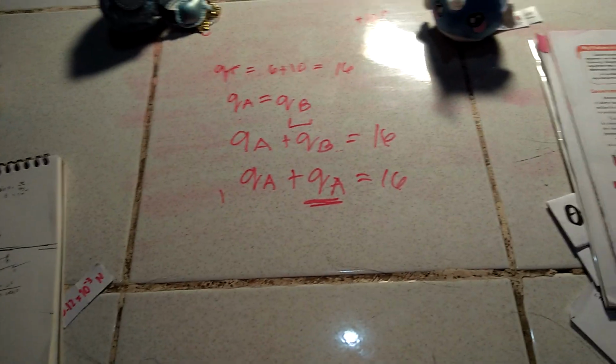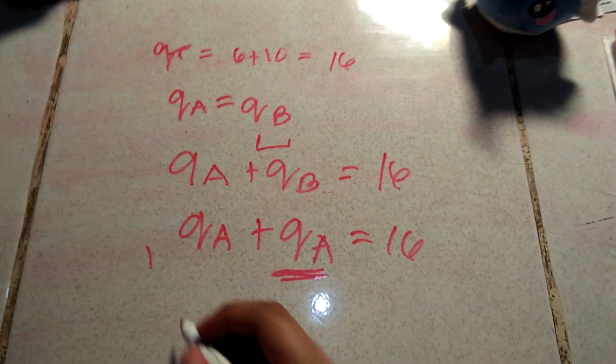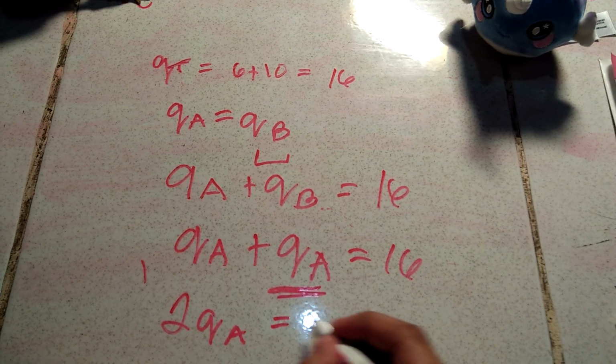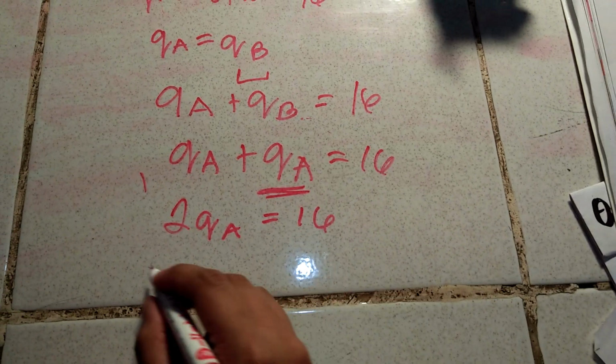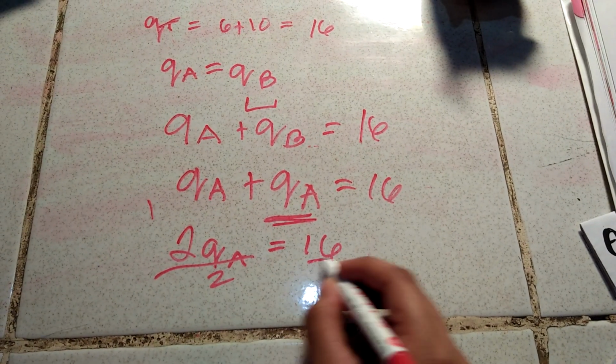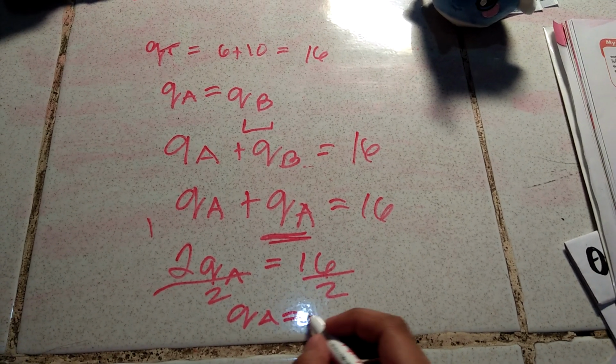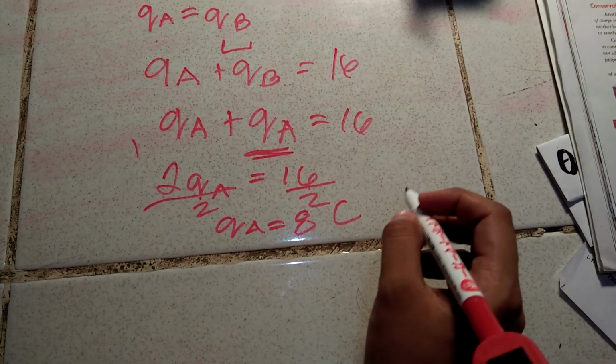Okay. So, if we simplify that some more, we have 2QA is equivalent to 16, and you just divide both sides by 2, then QA is equivalent to 8 coulombs.